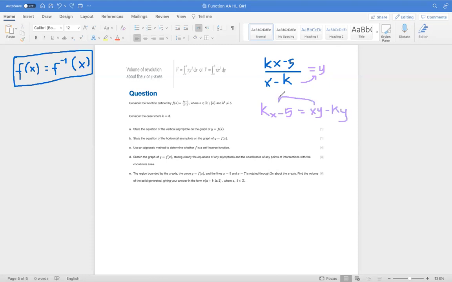Let's move this to the left, so it will be kx minus xy equal to, and I'm going to move minus 5 to the right side, which will be plus 5, so 5 minus ky. Now let's factorize this section. If I take x outside, I'll get x times k minus y equal to 5 minus ky.